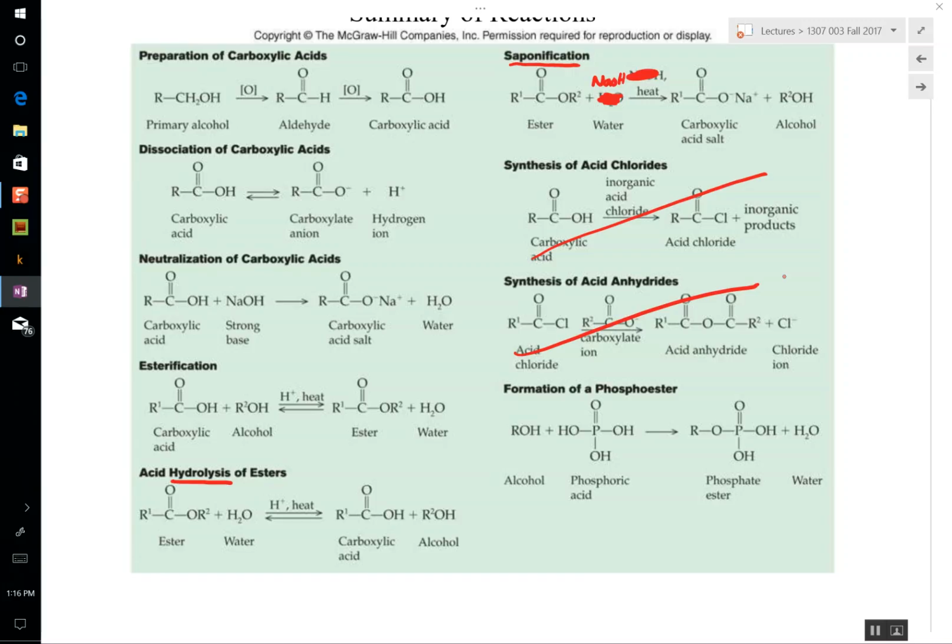So you replace your OH with a chloride here. And then here's the acid anhydride. You'll touch on this when we make aspirin in 1107. We'll take salicylic acid and we'll react it with acetic anhydride. So acetic anhydride, but I won't give you reactions for those two.